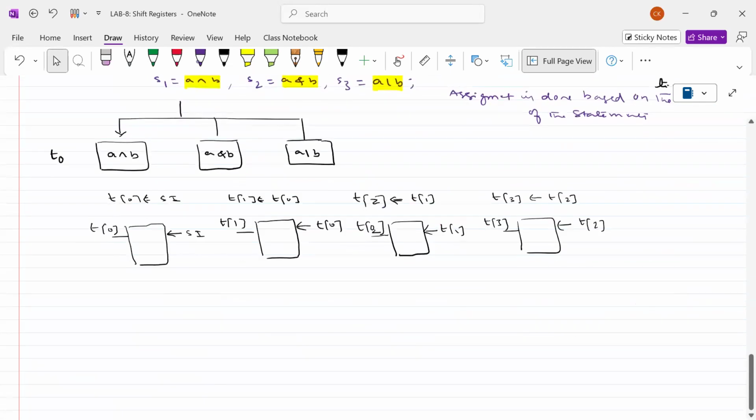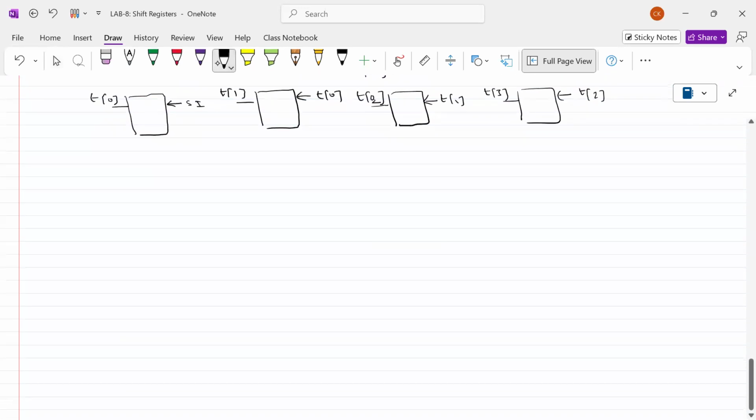So look at this one. What we have done so far for the serial shift register is the simplest way.